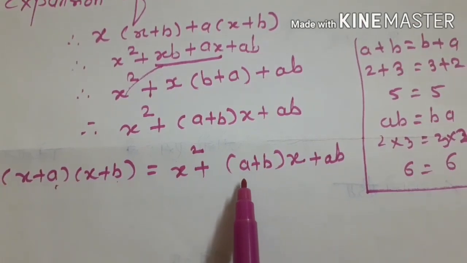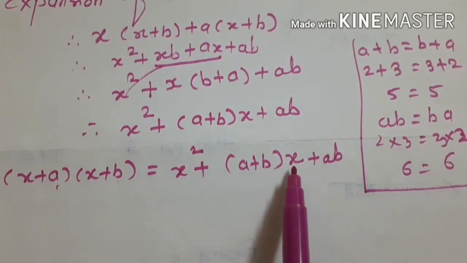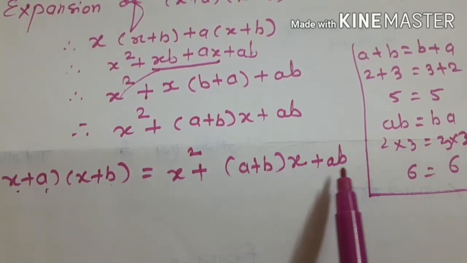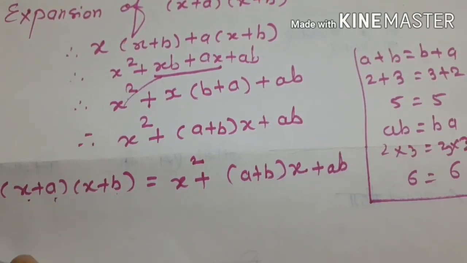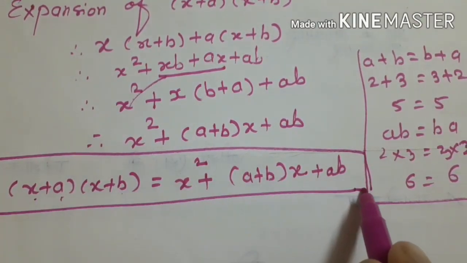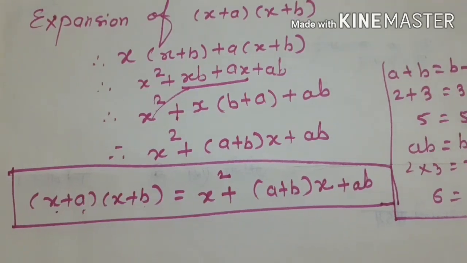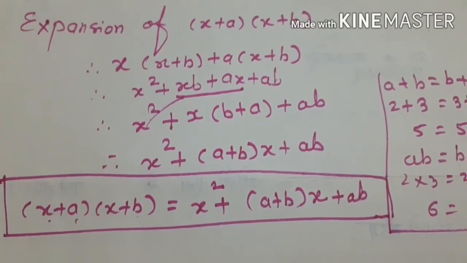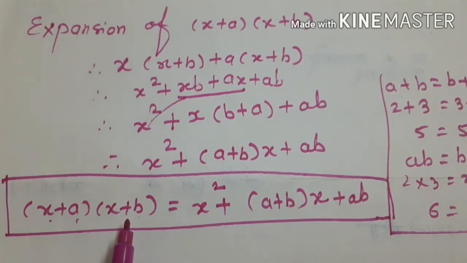Then addition means a plus b into the first term, the first term is x, and the product of the second terms. This is very important. We have learned this expansion or formula: (x plus a)(x plus b) is equal to the first term square plus the addition of the second terms into the first term plus the product of the second terms, meaning x square plus (a plus b) into x plus ab.